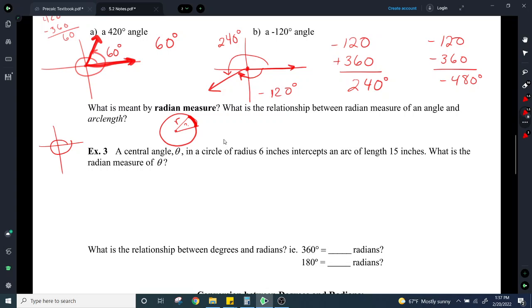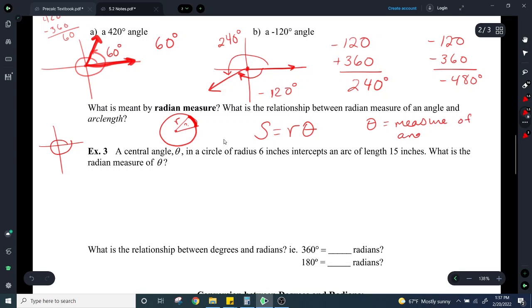The formula is: arc length is always equal to the radius of the circle times the measurement of the angle, and we'll call that measurement theta. So theta would be the measure of the angle in radians. When we talk about arc length, we use radian measure, not degrees.